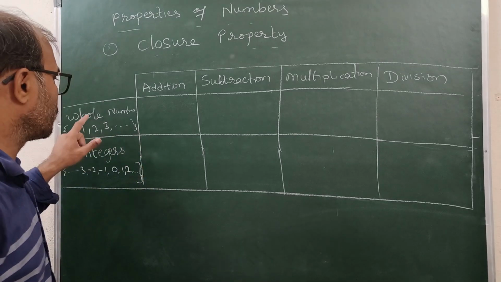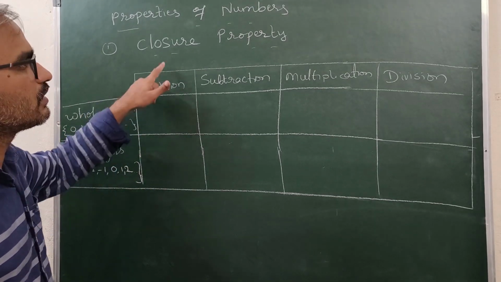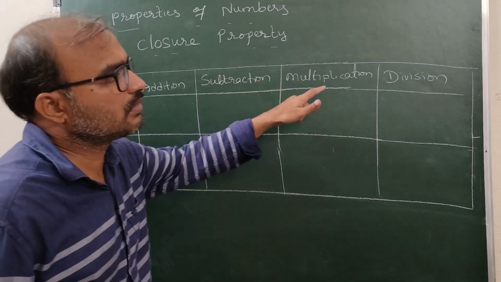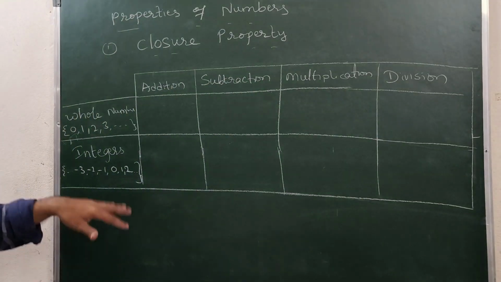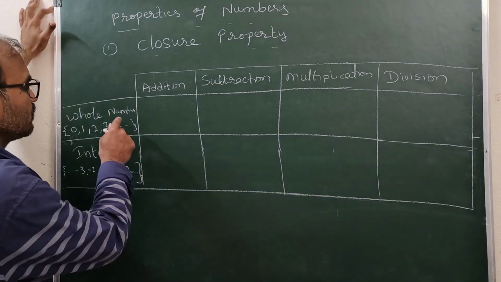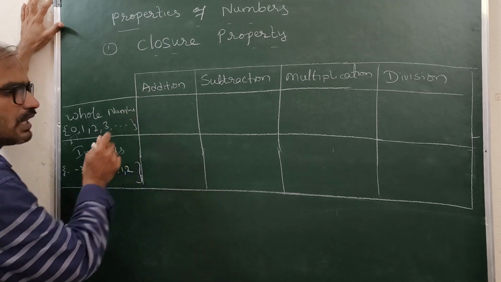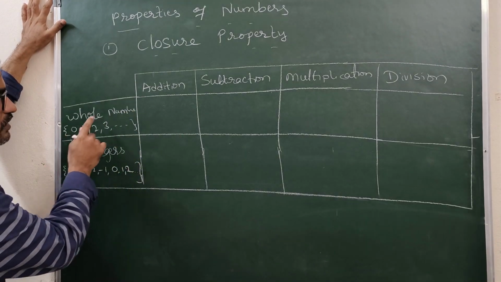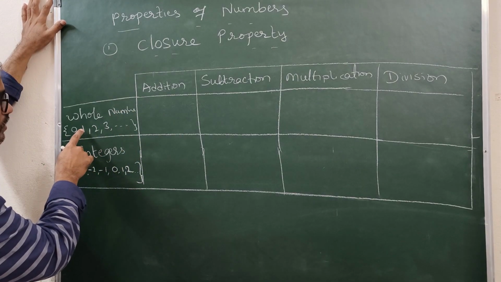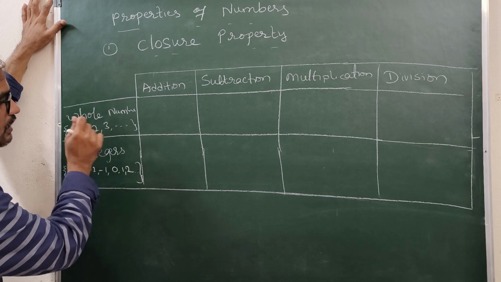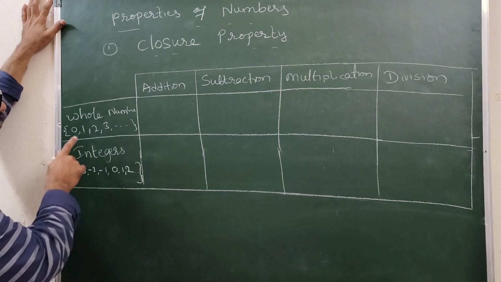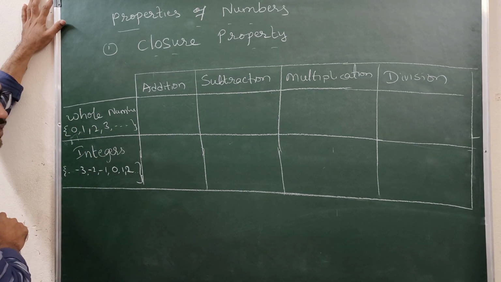Similarly, we can find out whether whole numbers and integers are closed under addition, subtraction, multiplication and division. So very simple, you continue the same way. Take any two whole numbers and add them. 0 plus 1, again a whole number. 1 plus 3, 4, again a whole number. There are no negative numbers in the set of whole numbers.